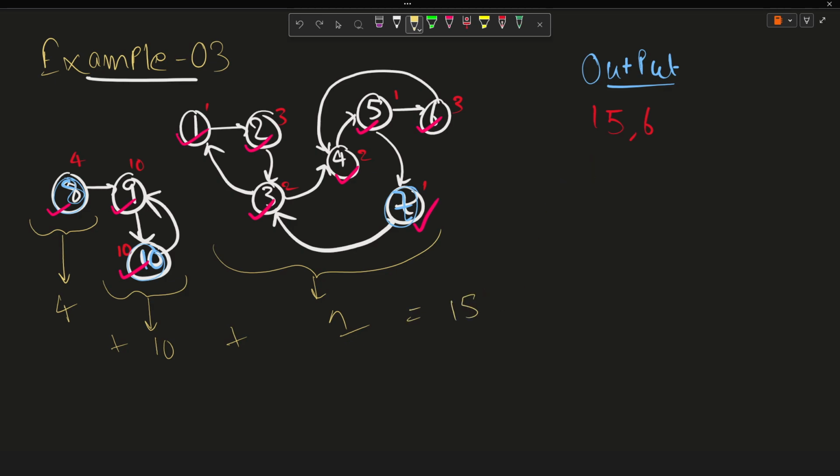Because what is our ultimate goal? Our ultimate goal is just to minimize the total cost of protecting every junction, right? If this is a strongly connected component, it means that we can build just one checkpost on any junction, and from that junction we can reach any other junction and thereby protect that other junction also, right?